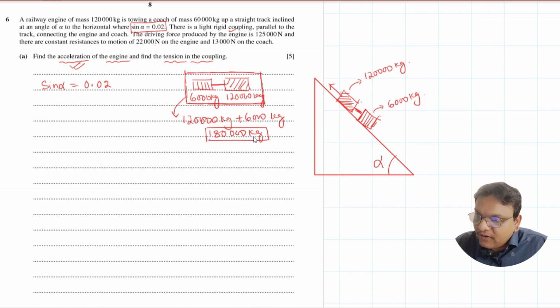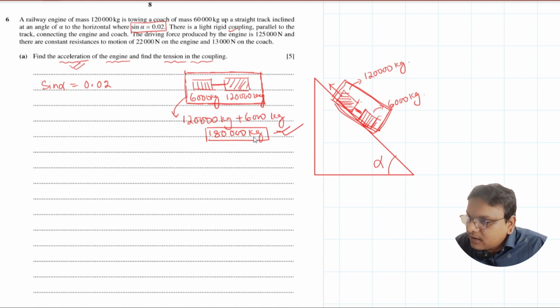Now try to understand this. If I take it as a whole system, as I told you, the total mass of the system is equal to 180,000 kg. Now we'll try to find the possible horizontal components here. As per the question, the force is given.